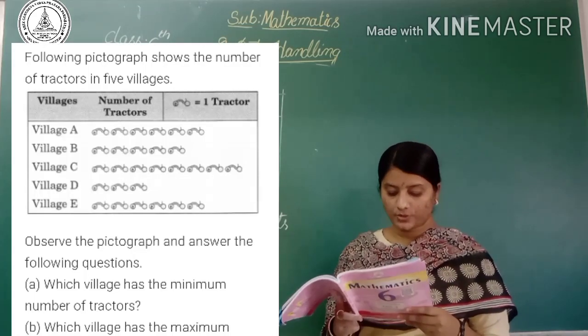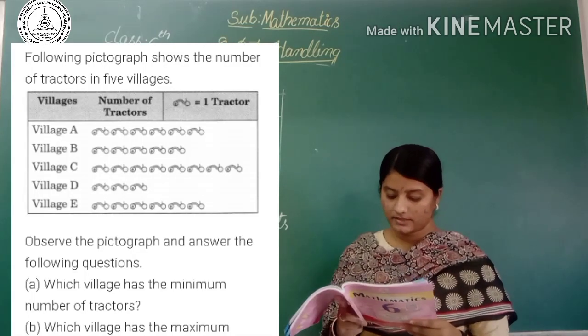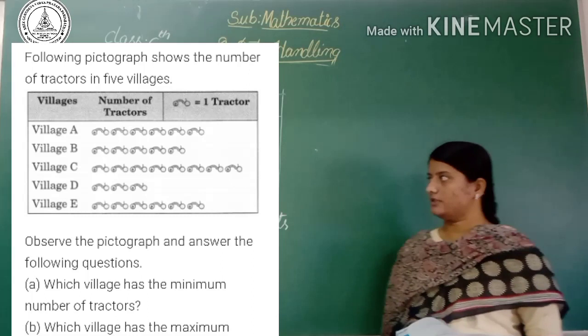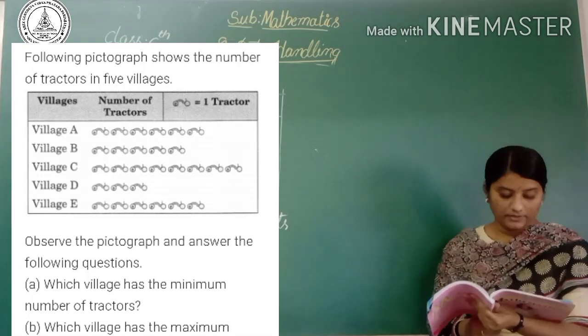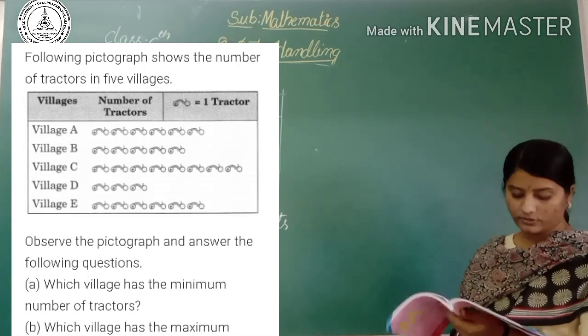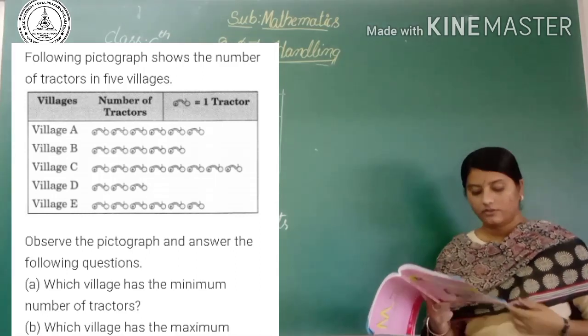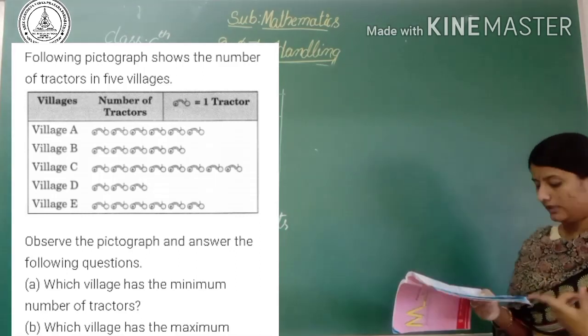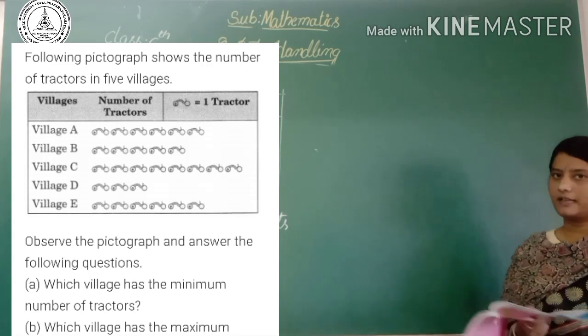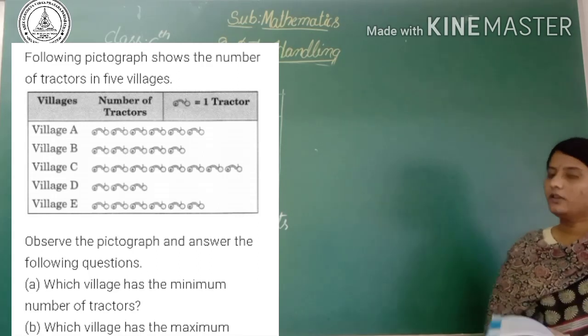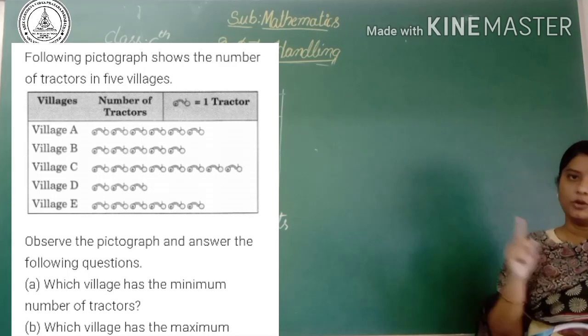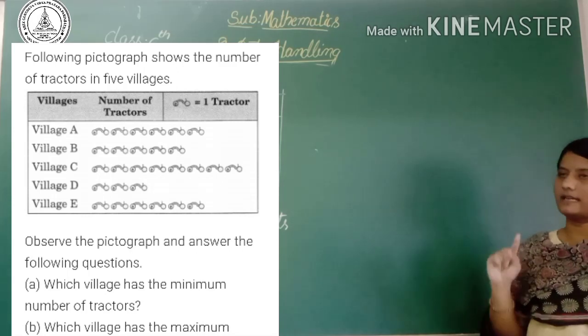The following pictograph shows the number of tractors in 5 villages. As you may see here, there is a pictograph. So in that they are given the villages A, B, C, D, E and the number of tractors. Okay, so here one picture represents one tractor.